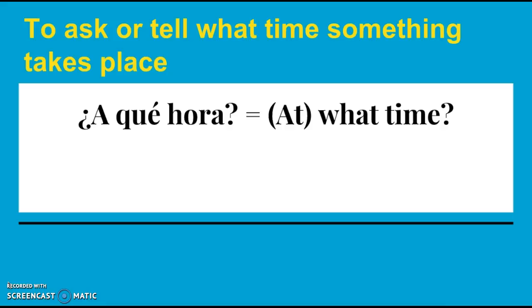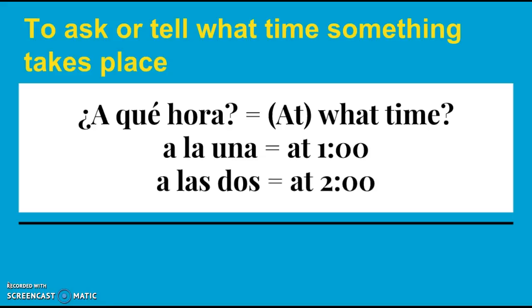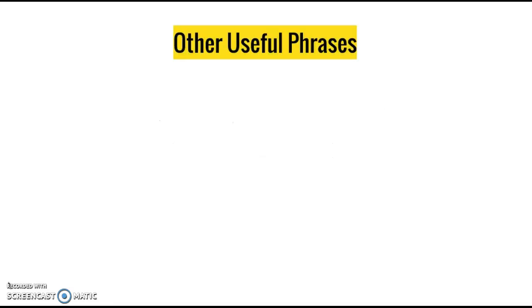To answer or to tell someone what time something starts, you would say if it's at 1 o'clock, a la una. If it's any number larger than 1, then you use las again. So 2 o'clock, for example, would be a las dos. Or if it's 8 o'clock, a las ocho, whatever the hour happens to be.